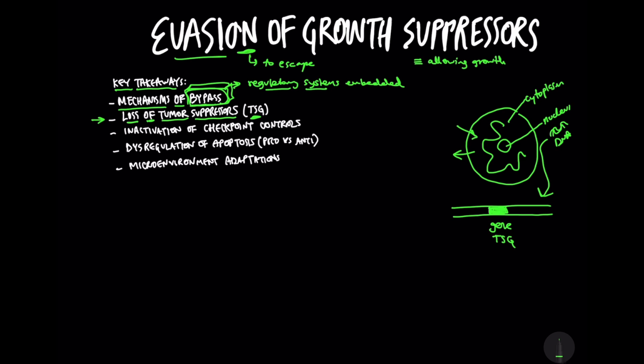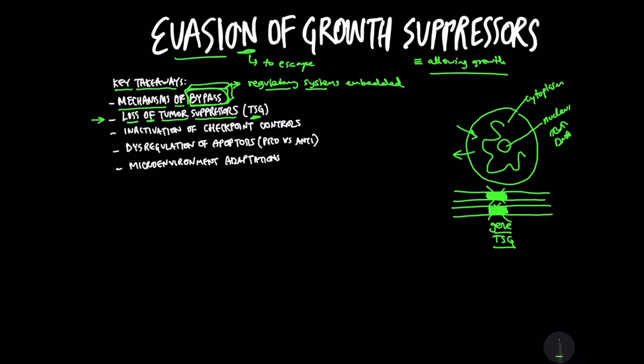In your cells, you have 2 copies of every gene, so they lie parallel to each other. Now, if there is a mutation in both of these 2 copies of this tumor suppressor gene, then there is an allowing of growth.